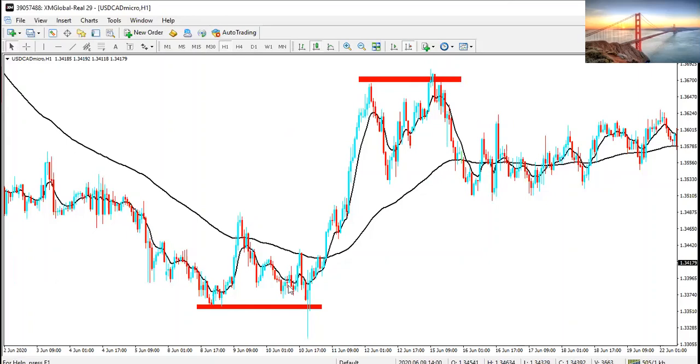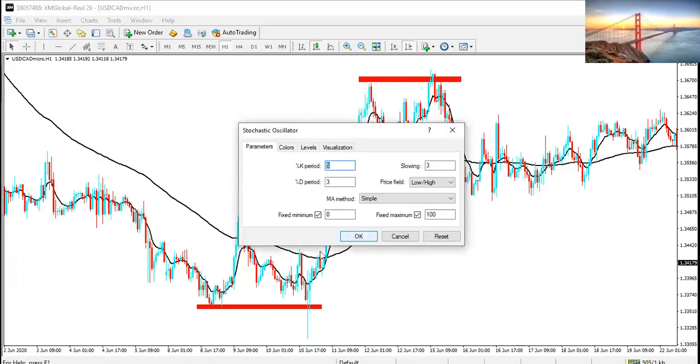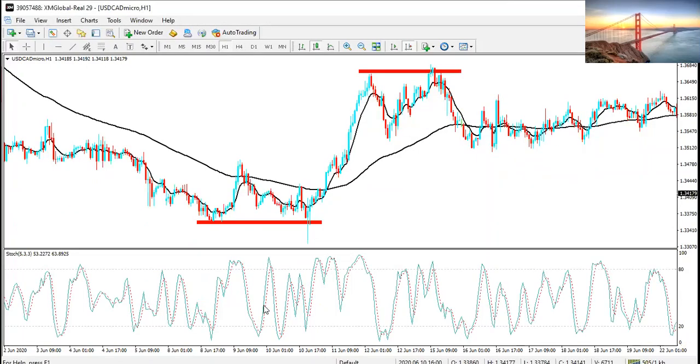Here was the second leg, a perfect opportunity to buy. Let's see if there's a buy divergence there. So there's clearly a divergence here, right? So you would have gotten in on this leg here. Let's go down even further.